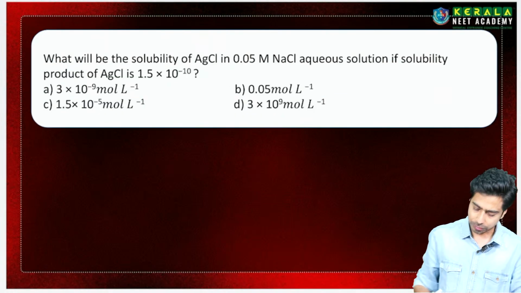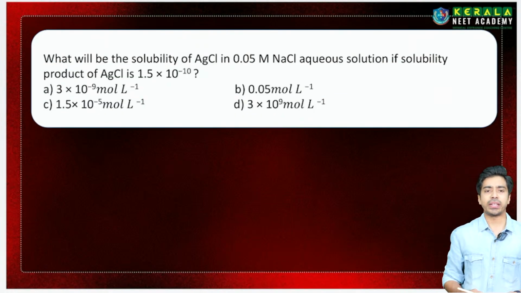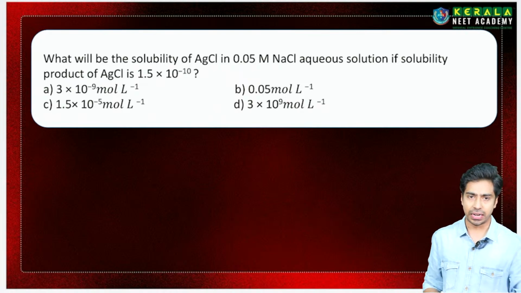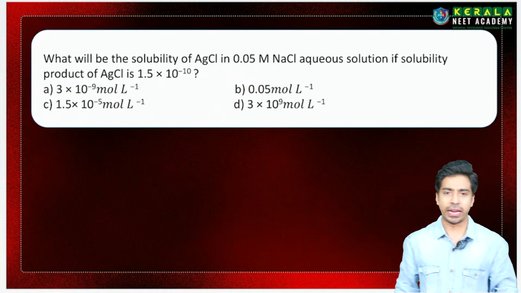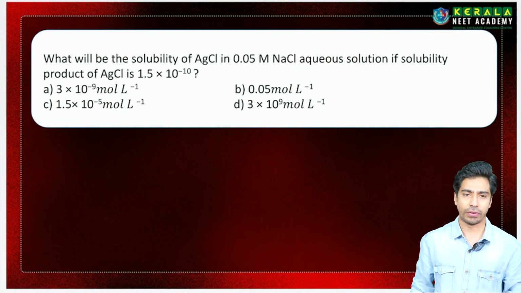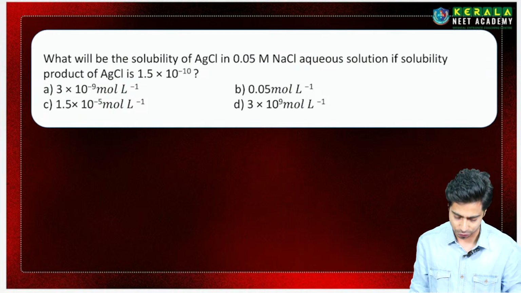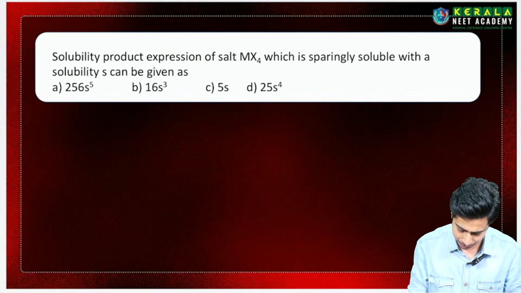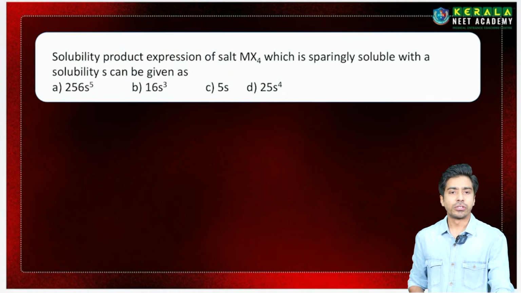Then, next one: what will be the solubility of AgCl in 0.05 molar NaCl aqueous solution if the solubility product of AgCl is 1.5 into 10 raised to minus 10? That's in the theory part. Now the theory part, solubility product.